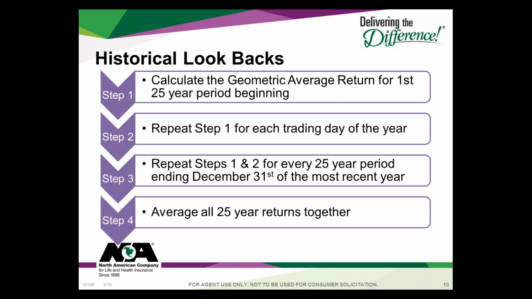Cap and par rates may have been higher 5, 10, and although we did not have our products, 20 or 30 years ago, they probably would have been higher, as bond rates were significantly higher to support higher caps back then. So although the historical lookbacks use today's cap and par rates with historical index performance, they don't use historical cap and par rates. In some sense, they're a little bit lower than they might have actually historically been.